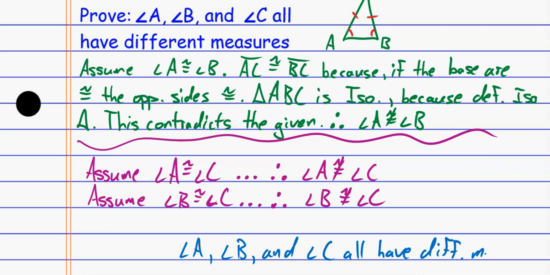I've shown that if they have equal measures, it's not possible to go without contradicting the given. Therefore, the opposite must be true. They can't be the same.